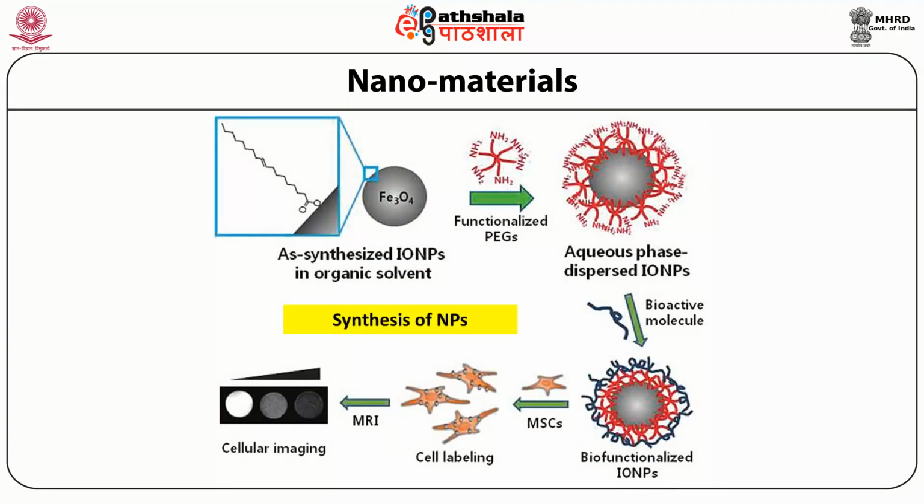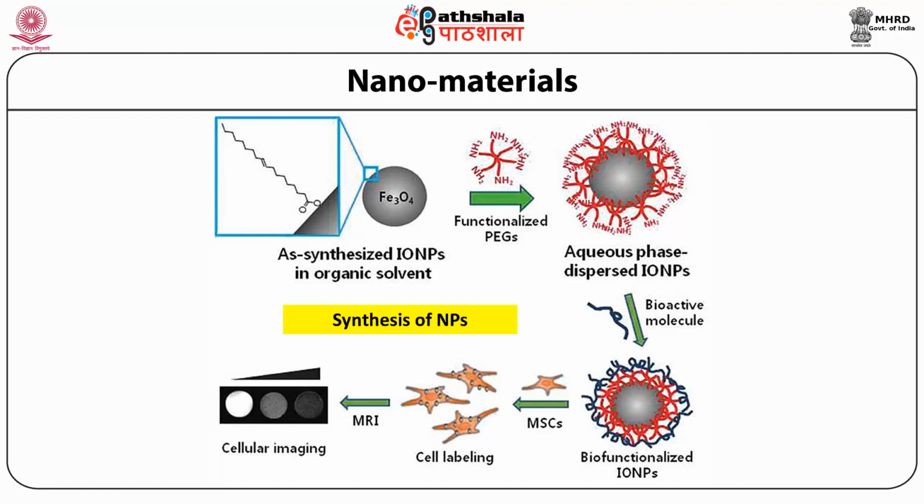Here, the general method of synthesis and working of a nanoparticle is displayed. Firstly, the nanoparticles are prepared. Here we have taken the example of iron nanoparticle. Then it is functionalized with polyethylene glycols to make them hydrophilic as well as versatile for appendage of suitable bioactive molecules.